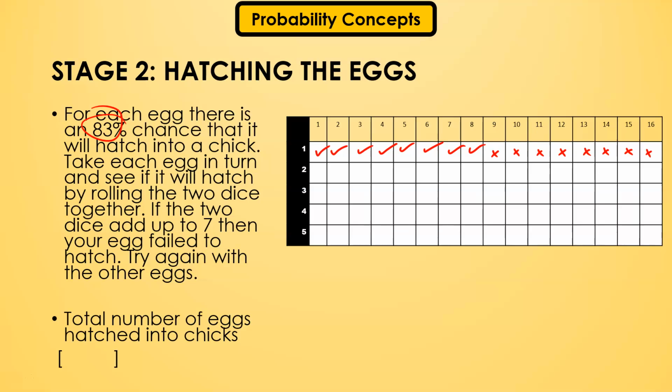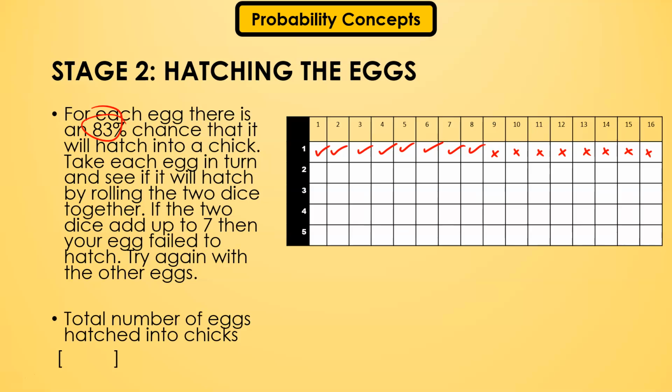So again, we roll 2 dice, and if the 2 dice add up to 7, then it will mean that the egg didn't hatch and the chick didn't survive. If we get something other than 7, we will say that the chick survived and was hatched out of the egg.